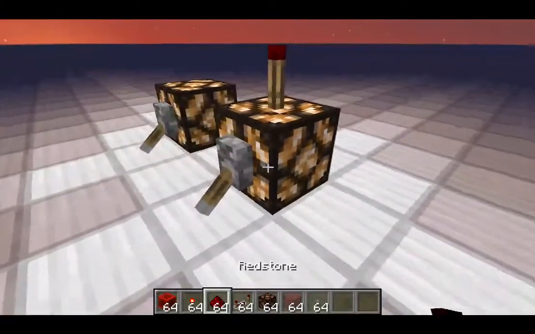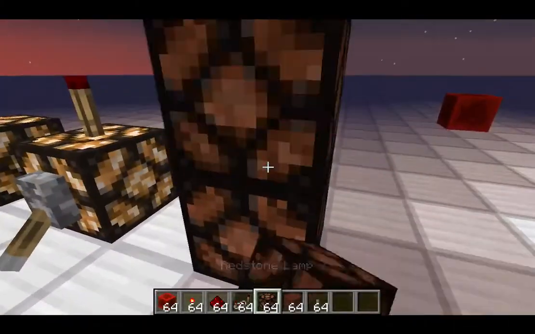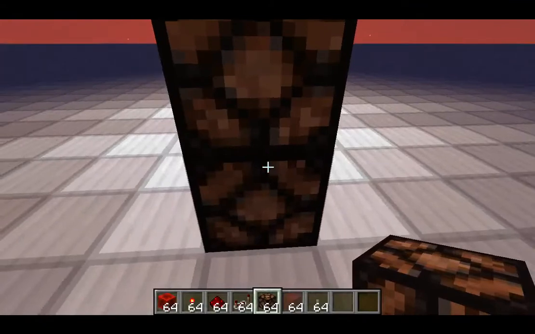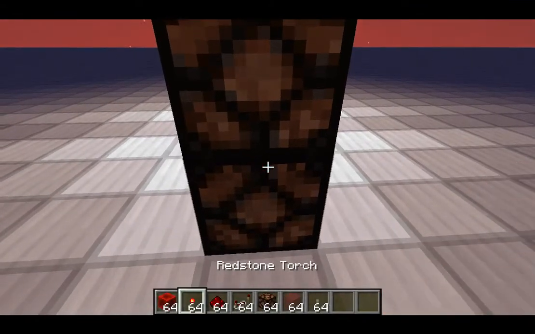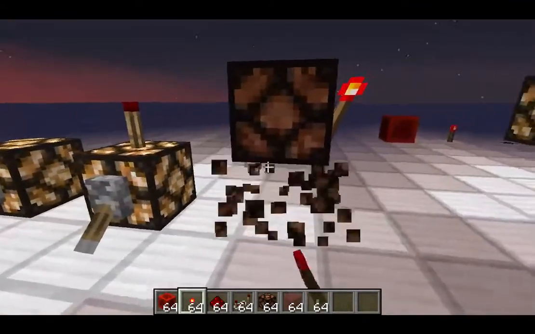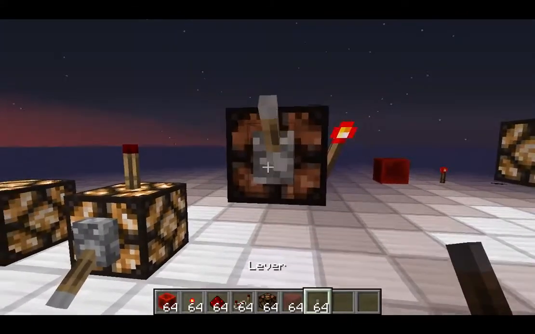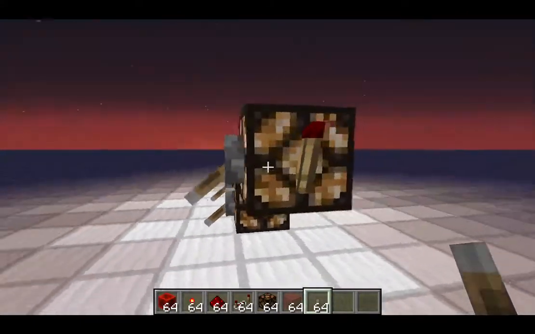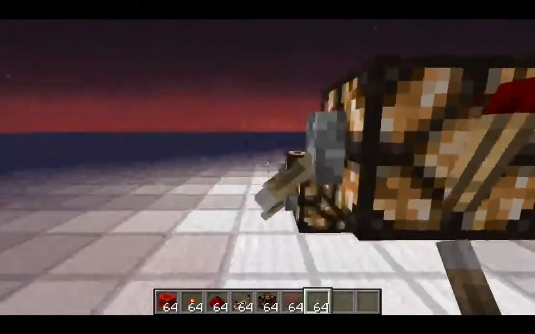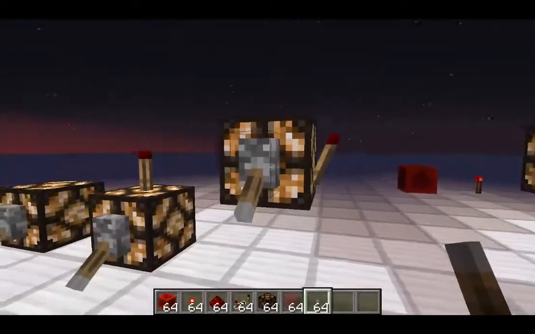The same is true if it is placed on the side. So if I were to put a redstone torch on the side of this, and I were to put a lever on it, it would act as the block that it's connected to and would turn off the power to that torch.